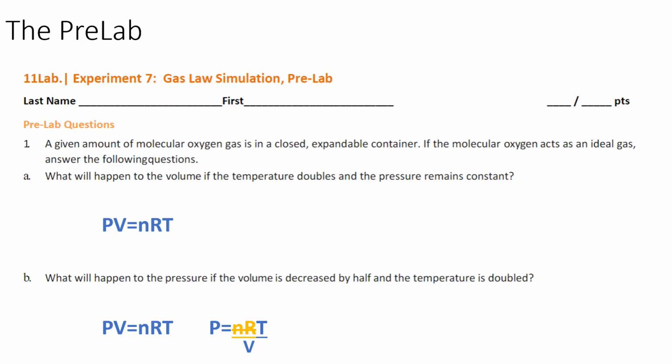But if you were to put in a value of, let's say, 2 for temperature and 2 for volume, we know that temperature is going to double, so 2 would go to 4. If the volume was 2 and it's decreased by half, it would go down to 1. So it would be 4 over 1. That would tell you how many times the pressure will increase. 4 over 1 is just 4.